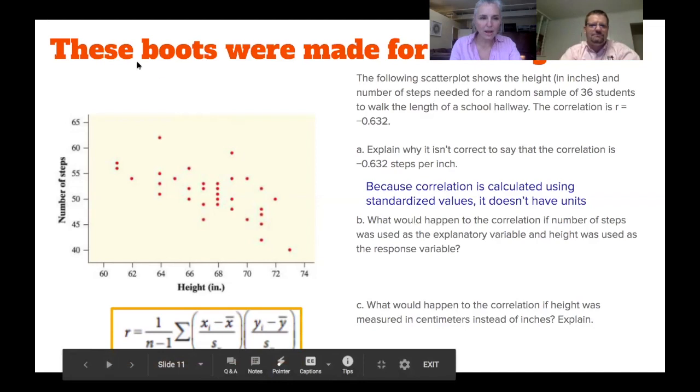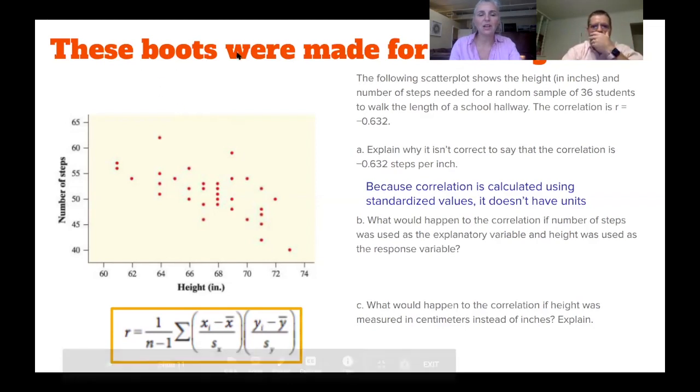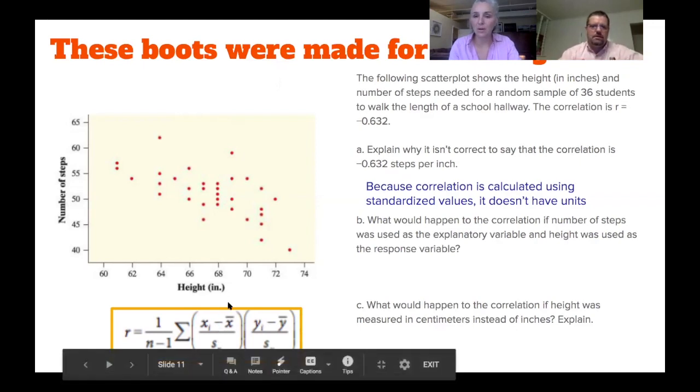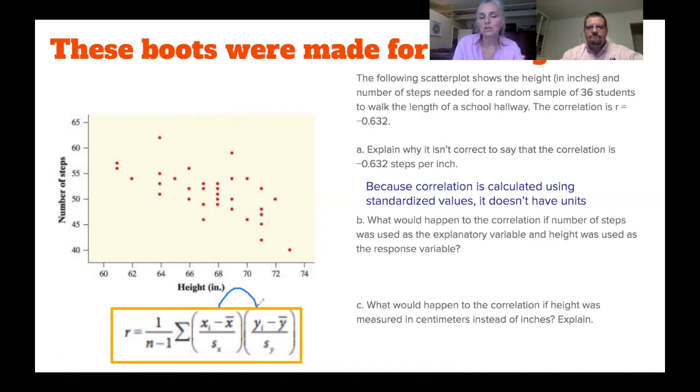Right. Remember, come back to your formula if you have no idea. What would happen in your formula? Well, your X would become your Y and your Y would become your X, and so they would swap positions in the formula right here. Can we just swap like this? Absolutely. 2 times 3 and 3 times 2, same number.